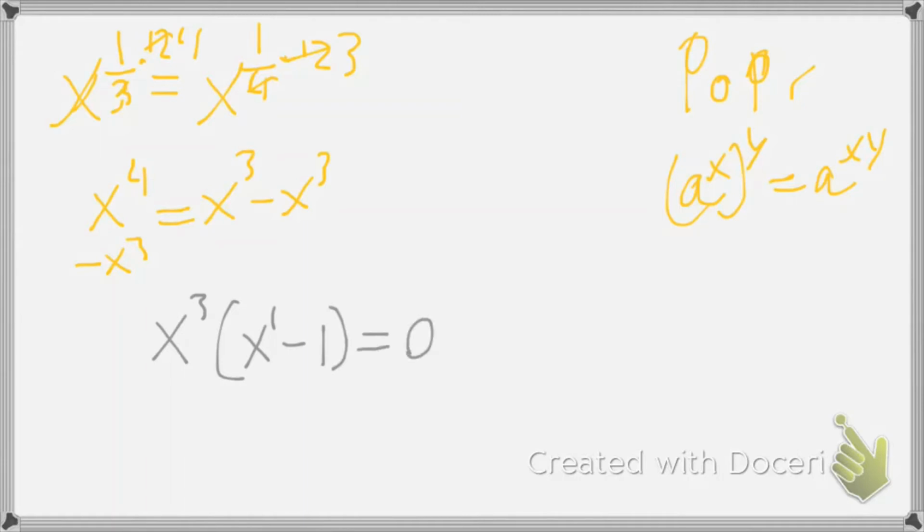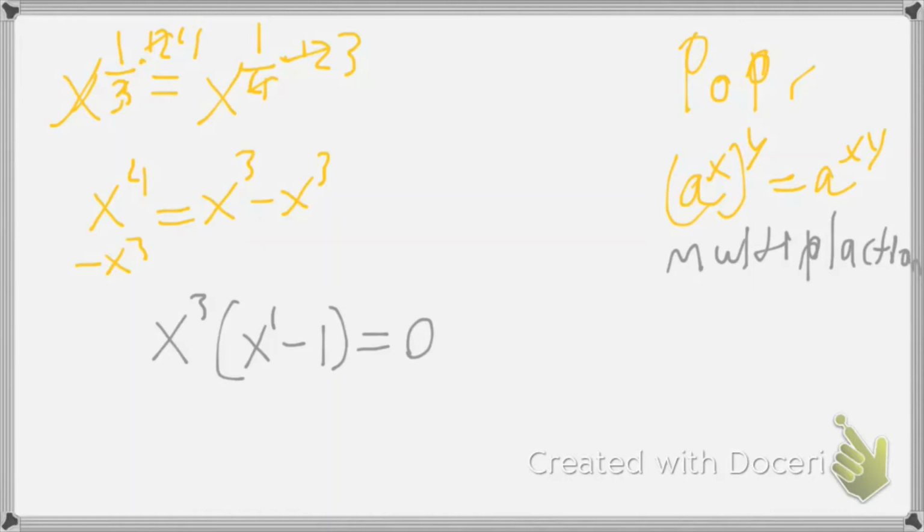The reason I said x to the power of 3 times x to the power of 1 is the same thing is that I'm using the multiplication rule in exponents.